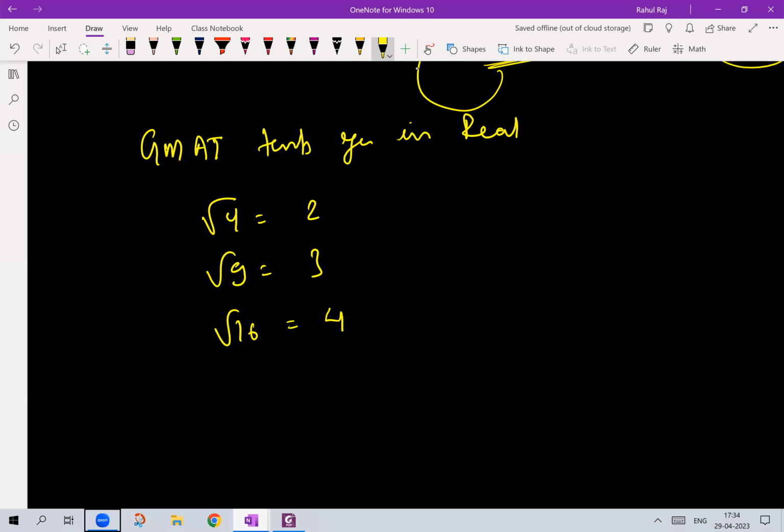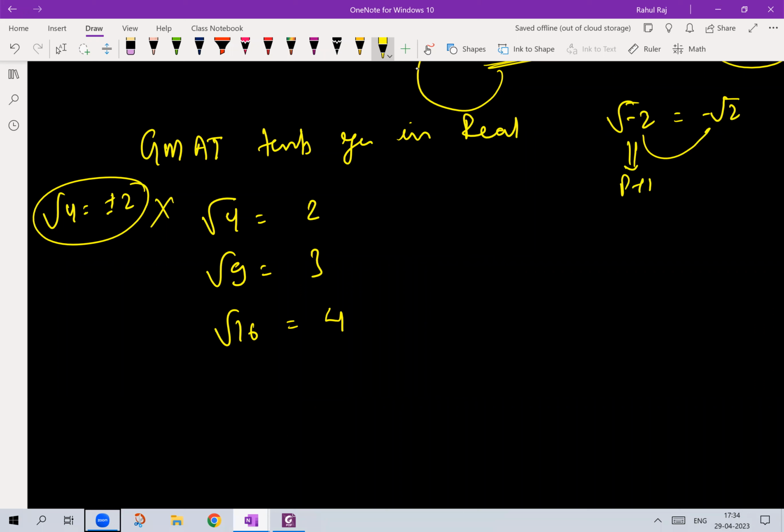Please understand, because technically we say root 4 is plus minus 2. But it is wrong for GMAT because they test you only on real numbers. There is no imaginary number that you are being tested on. Root of negative 2 in GMAT is just not defined. Technically it is a complex number in the form of p plus iq. But again, complex numbers are not tested in any competitive exam.